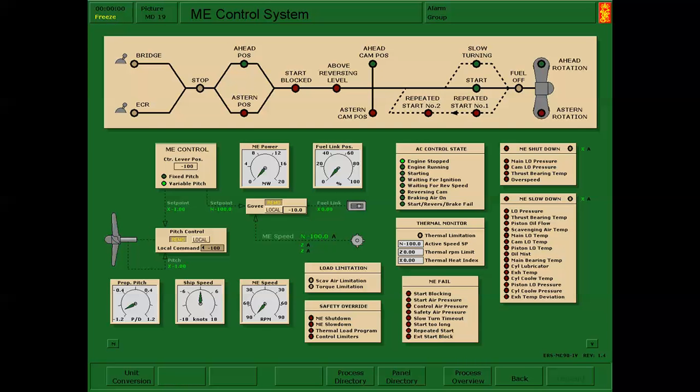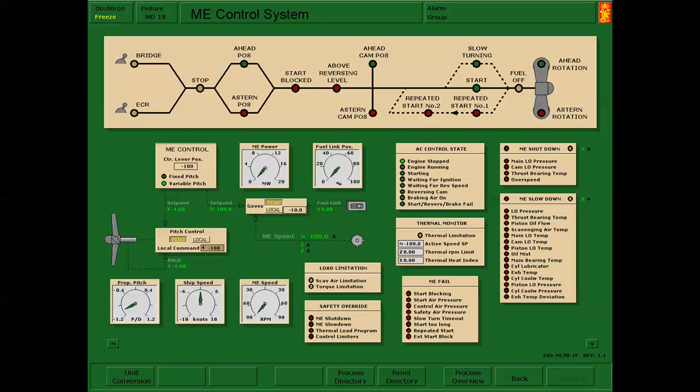So to reverse this engine, you have to supply enough air to first stop the propeller and then get it moving in the reverse direction while it's being opposed by the water flowing across the flukes. This takes a lot of air, and it's called a crash astern. You can easily use up all of the air in the air bottles on one crash astern.